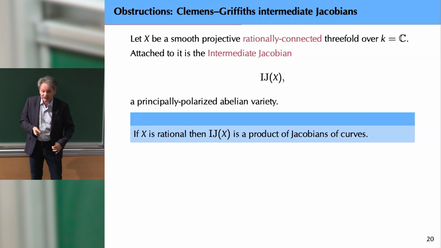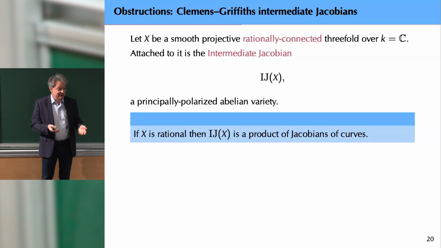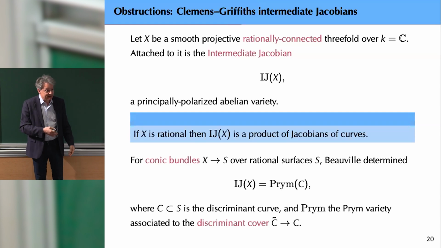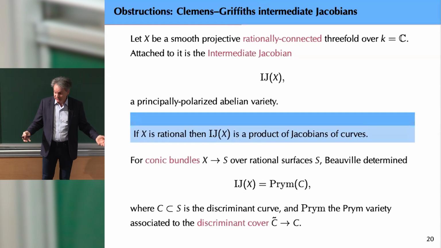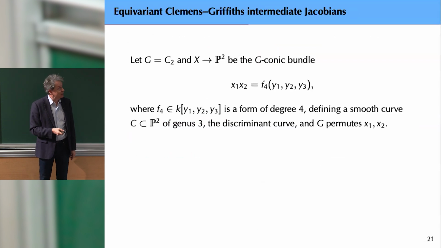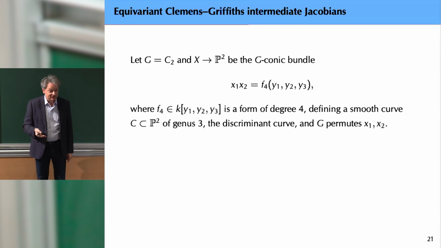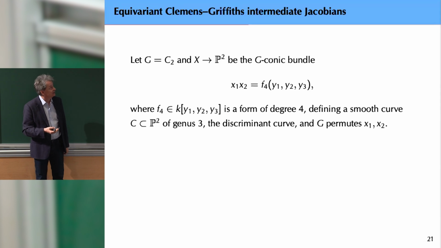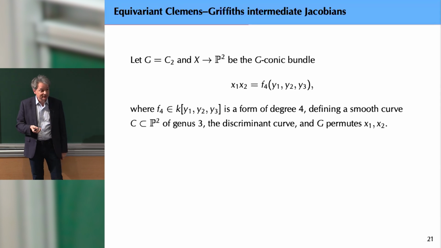Intermediate Jacobians. So for a rational threefold, the intermediate Jacobian has to be a product of Jacobians of curves. Well, you can say what it is. If you have a standard conic bundle, it's the Prym of the discriminant curve. And how does it play out in equivariant geometry? Well, let's look at this equation. f4 is a degree 4 polynomial in x1, x2.